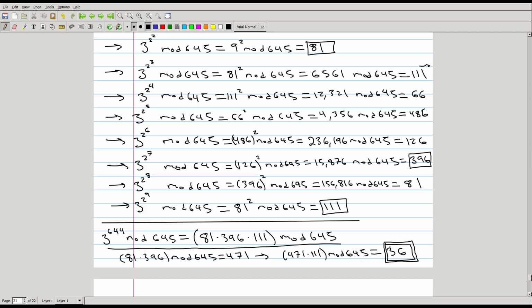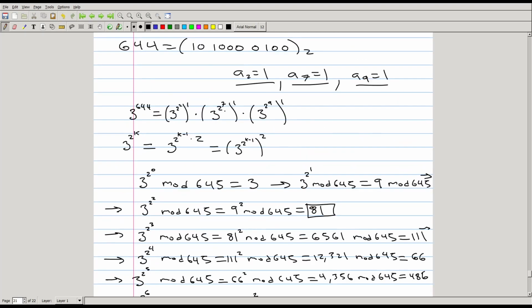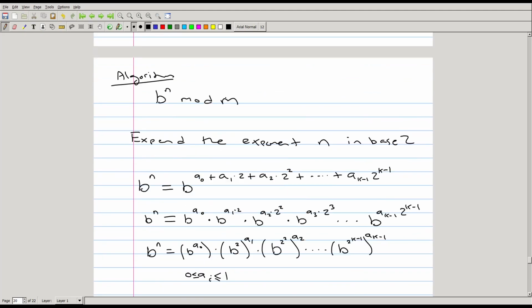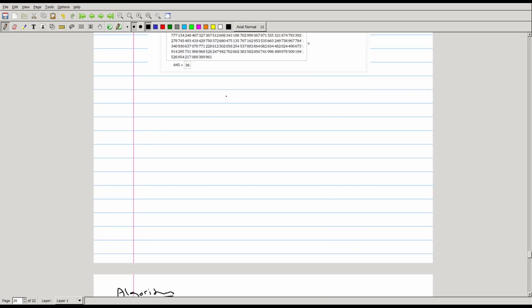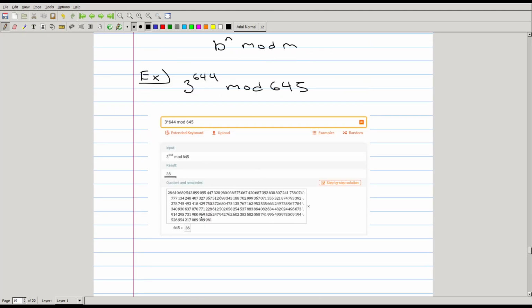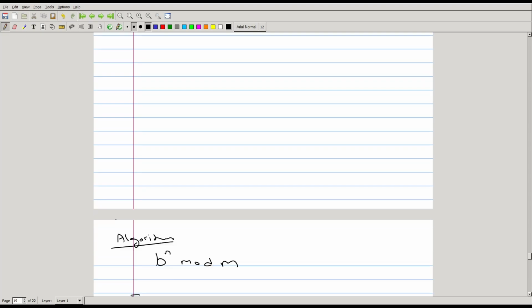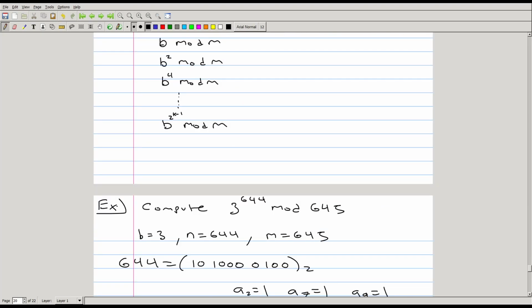Which is equivalent to the calculator remainder calculated earlier at the very beginning when we considered this example right here. But it avoids the hassle of going through and actually computing this big quotient right here, which would take much longer to do if you were to do this by hand.